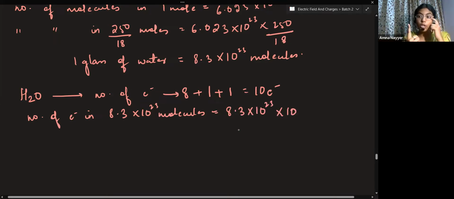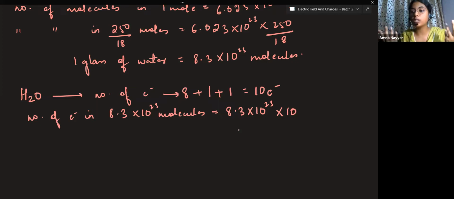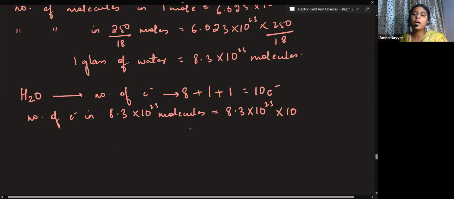A single molecule of water has 10 electrons, so 8.3 into 10 to the power 23 molecules will have how much? Multiply it. That's how you do it using the unitary method. You can even write it as 8.3 into 10 to the power 24 electrons. So this becomes your N.